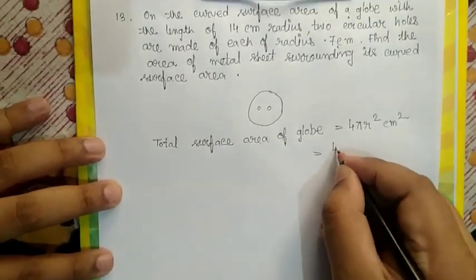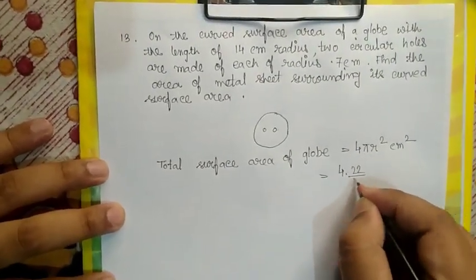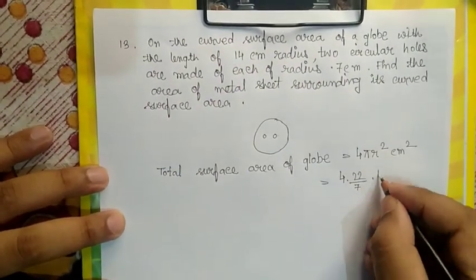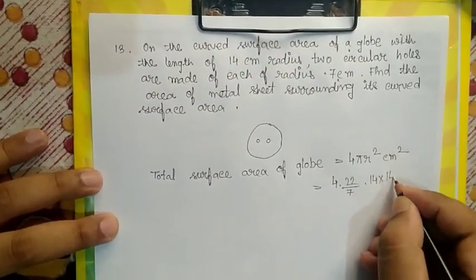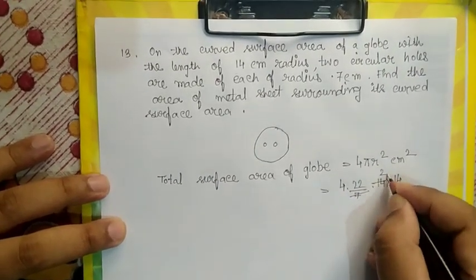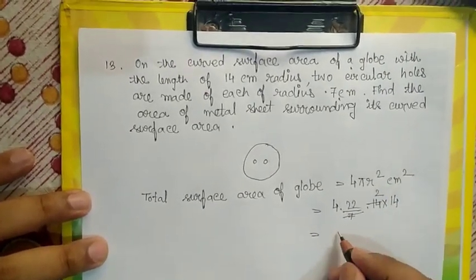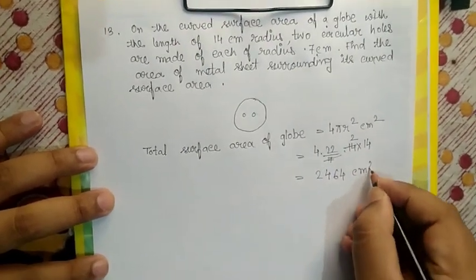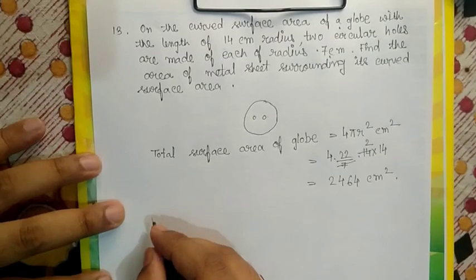So therefore 4 into 22 by 7, r square, r is 14 centimeter, so therefore 14 into 14, and the answer is here 2464 centimeter square.